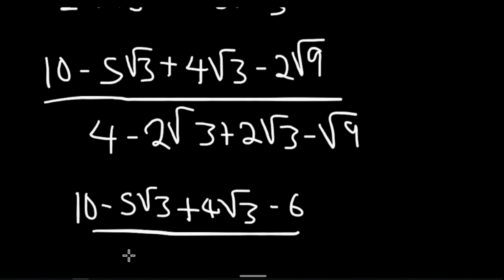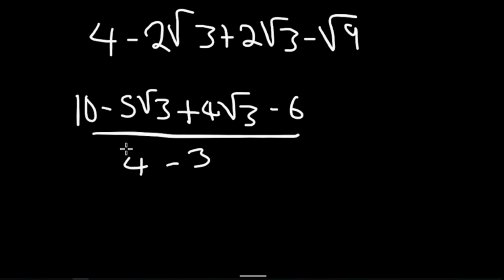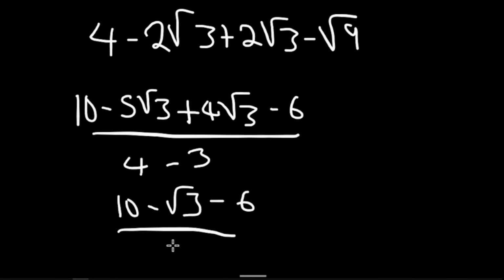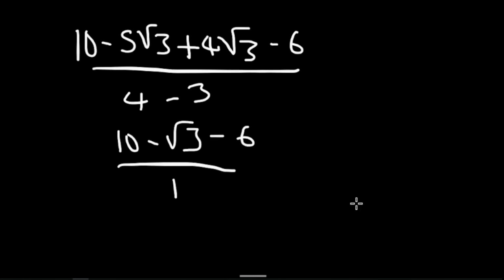Over 4 minus the root of 3, and then we've got minus 5 root 3 plus 4 root 3, so we've got negative 5 plus 4, which is negative 1, so that's minus the root of 3, and then minus 6, and then that's just going to be over 1, and then we know 1 into any number is basically that number, and then we've got negative 6 and 10, which go to 4.